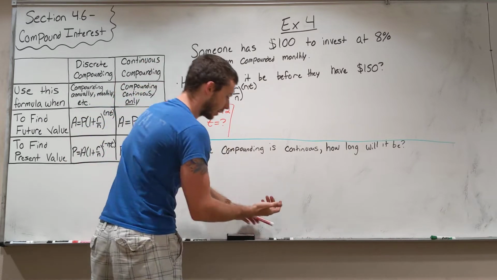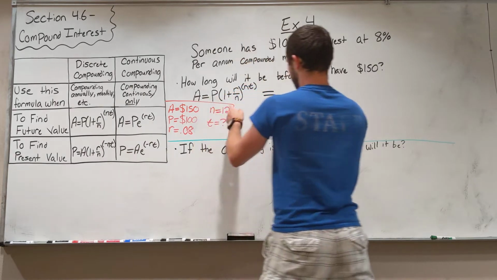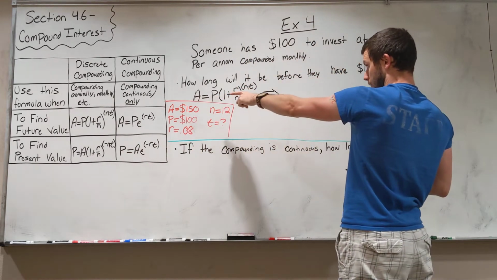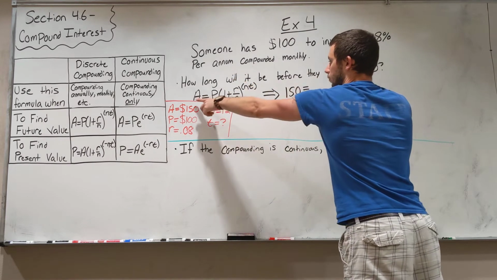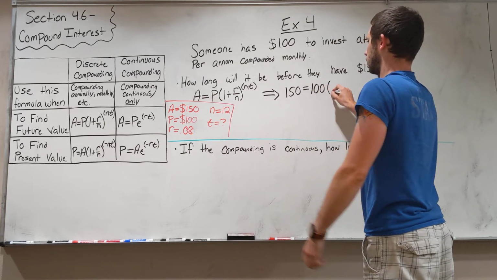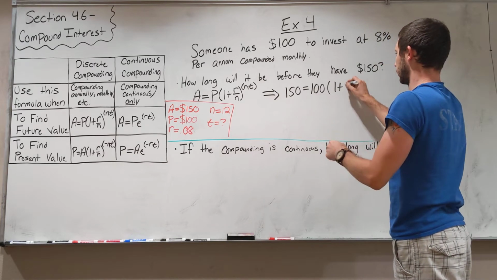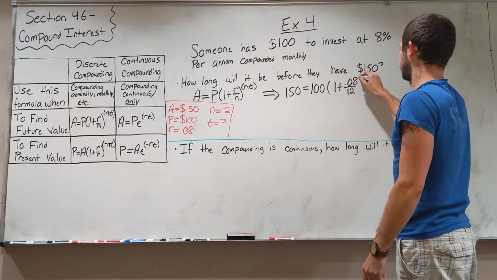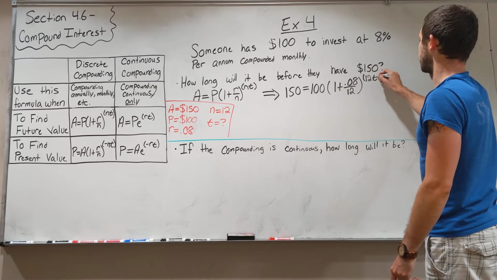So let's go ahead and plug everything in and see what happens. So now we have A as well, so that's 150. 150 is equal to P, which is 100, open parentheses, 1 plus the rate, 0.08, divided by n, which is 12, close parentheses, raised to the 12t.